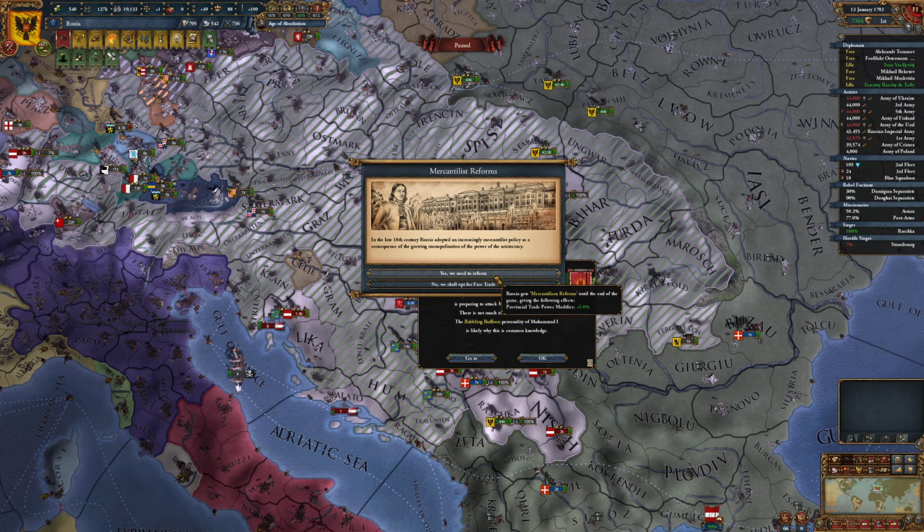Mercantilism reforms, provincial trade power modifier.